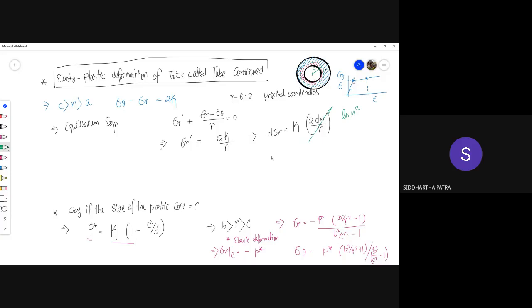Now let us try to integrate both of these quantities. Sorry, actually it is d ln of r squared. So let's integrate it between any r and c.